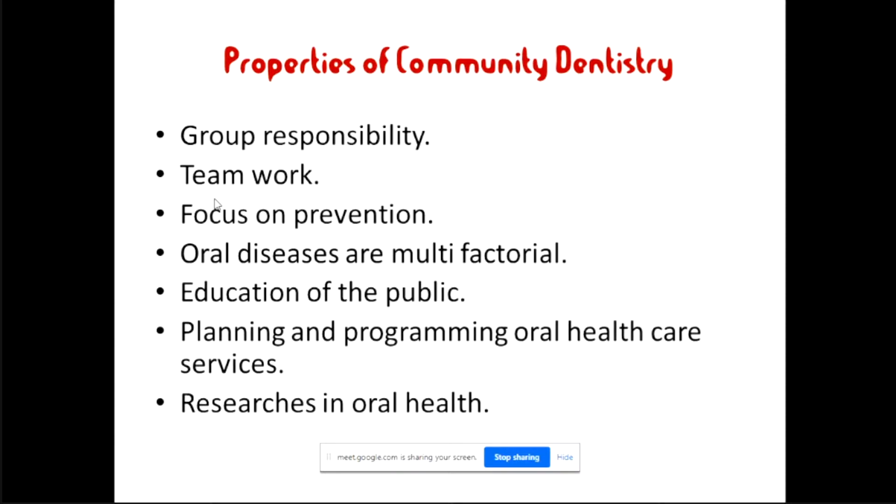Education of the public, planning and programming oral health care services. The qualified people in community dentistry and public health mostly work in the Ministry of Health, in the planning department, to make plans for health projects to establish good oral health for the population.